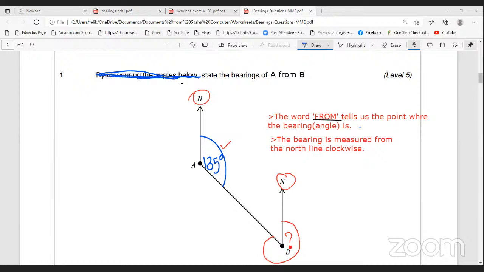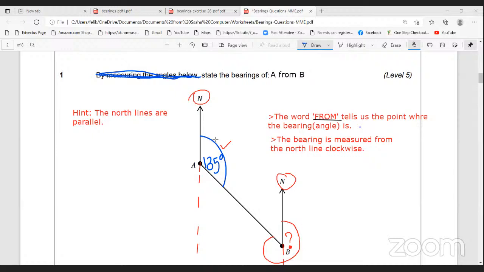So let me write that down. The north lines are parallel. This is a hint. I want you to start thinking about parallel lines now. What if this line kept on going? What if we were supposed to rotate this?